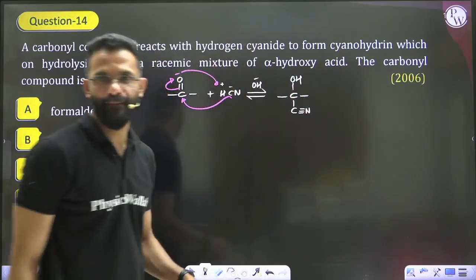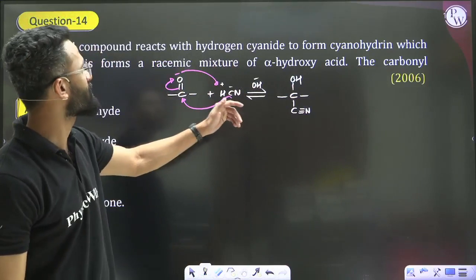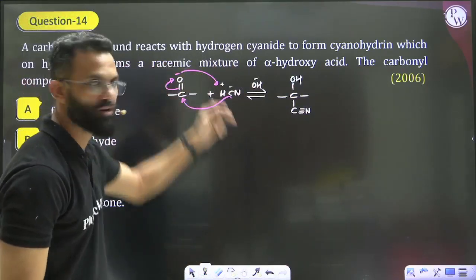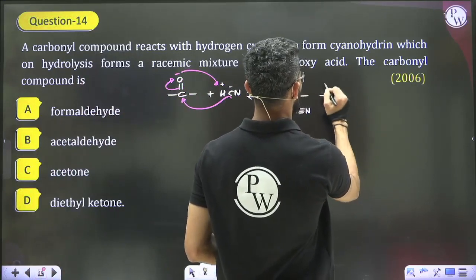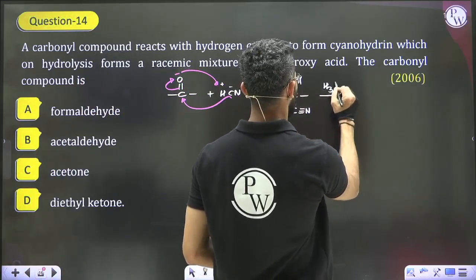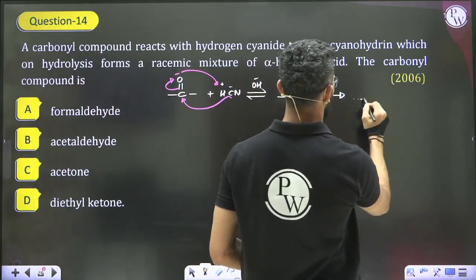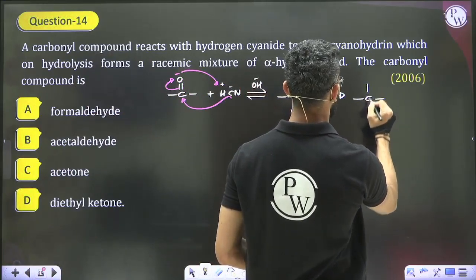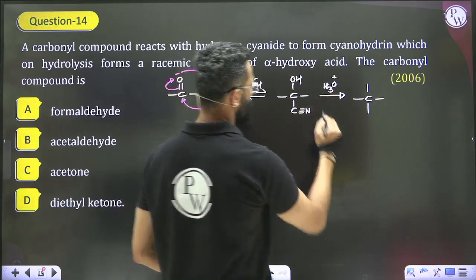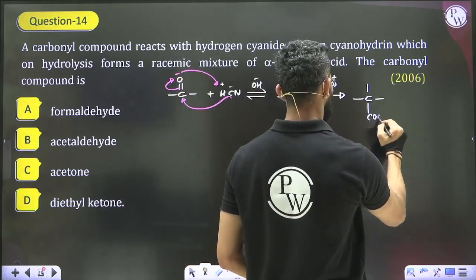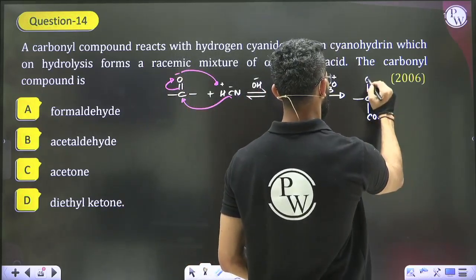Now they are saying this is further hydrolyzed. Let's say I'm carrying out acid hydrolysis. Cyanides upon hydrolysis produce carboxylic acid, COOH, and this is OH.